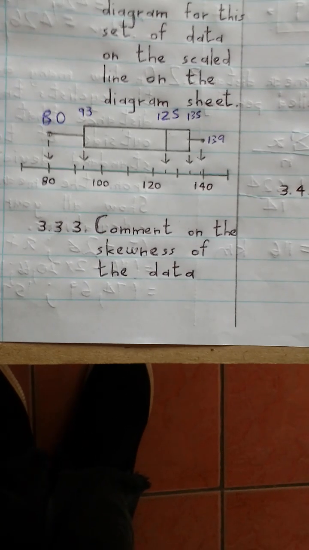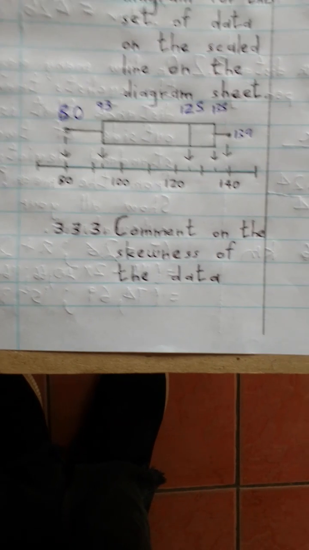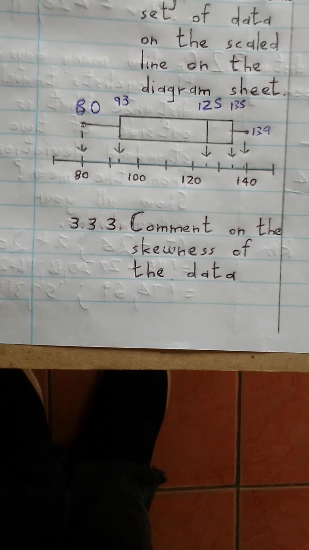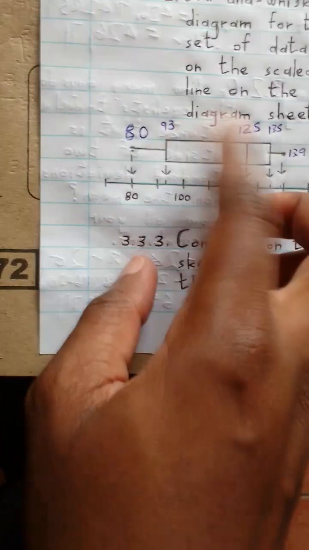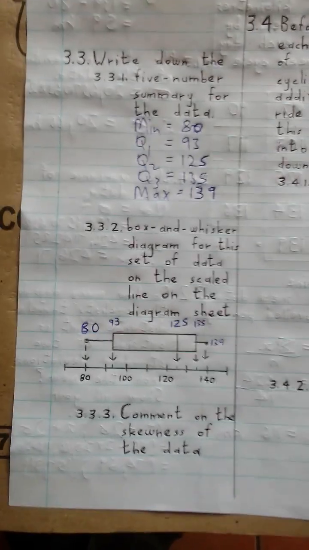3.3.3 states, comment on the skewness of the data. So we have to look at Q2. Q2 is far from Q1, right? It's closer to Q3. So this means the majority of the data lies this side. Remember, the median divides data into two equal portions, so it means the data lies to the left, right? So this means that the data is skewed to the left.